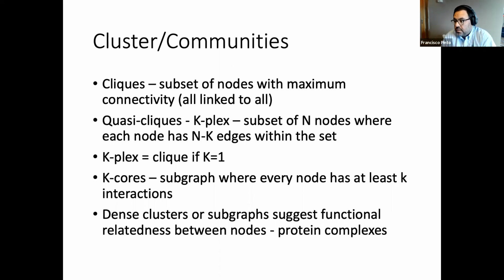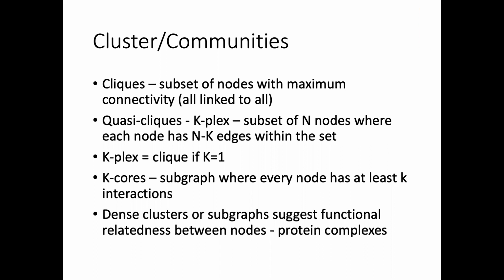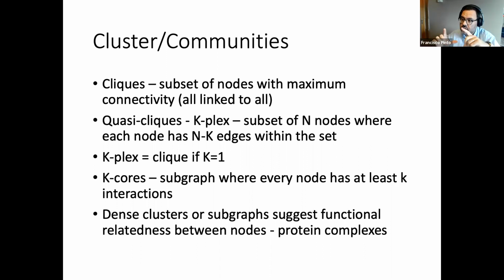Eventually, it could be part of a 3-core subgraph. But maybe it is not part of a 3-core subgraph, because in the process of getting from 1-core to 2-core, one of its interactions was lost because it was with a node that was deleted because it had only a degree of 1. Does that answer the question? So the minimum number of interactions is within that core.